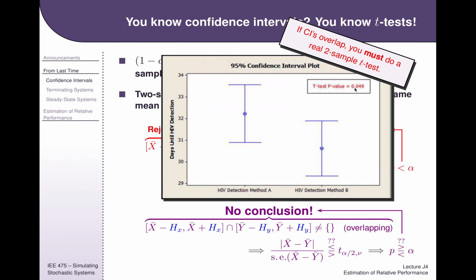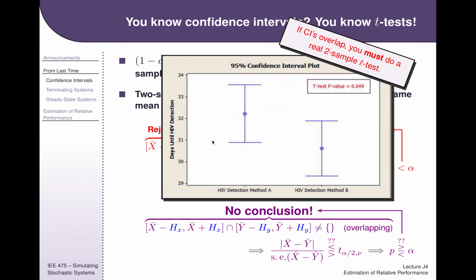So we end up concluding that detection method B is significantly different than detection method A in terms of days until the infection is detected. We conclude that maybe detection method B is better because it's slightly faster at this level of significance. So the key point here is that this is a confidence interval in a performance metric.